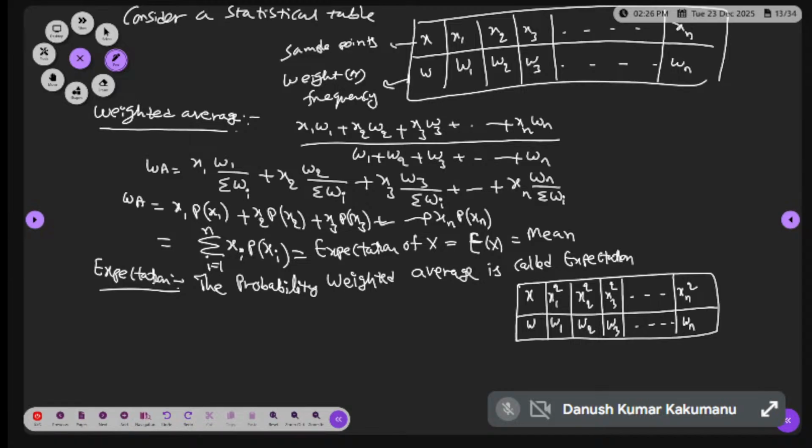What is the weighted average of this table?